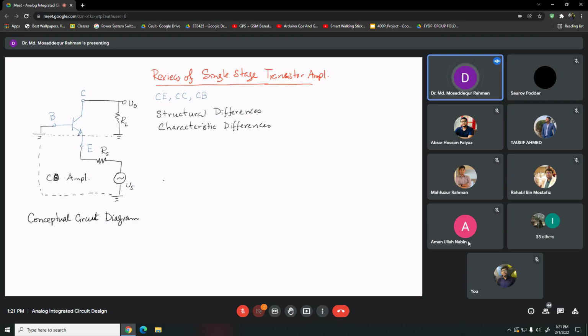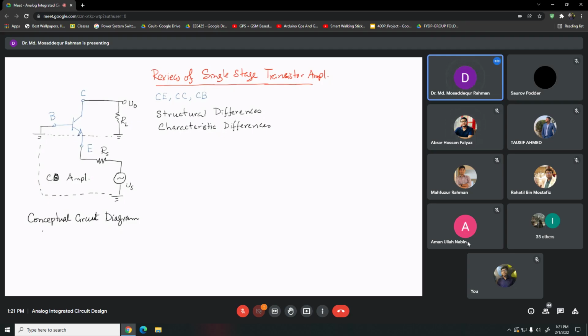These are not the actual common emitter, common base amplifier circuits, right? Because they are missing something. Yes, sir. What are they missing? The capacitor. Capacitors. Yes, sir.